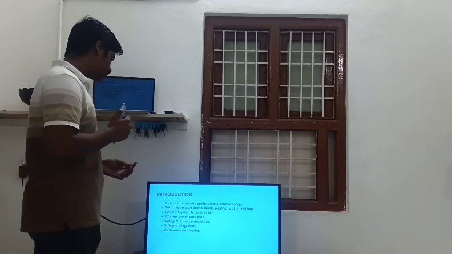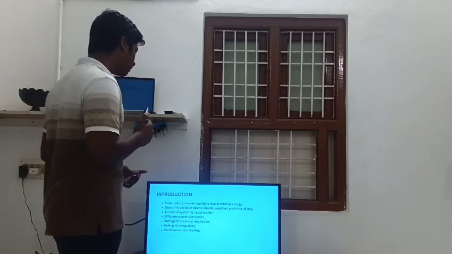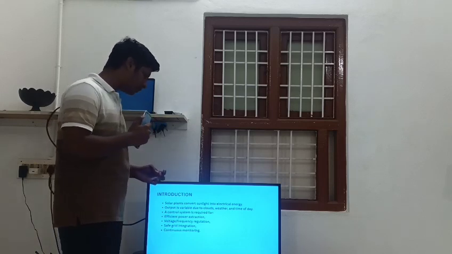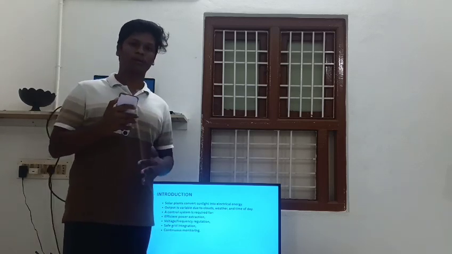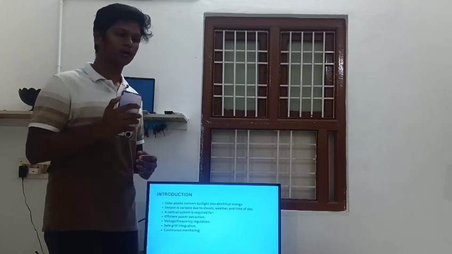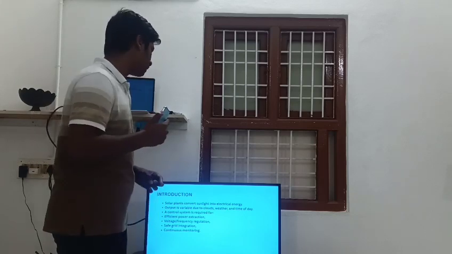The next point is the output is variable due to clouds, weather and time of the day. If we don't get a constant supply of sunlight throughout the day, the output ratio might be changing from time to time.